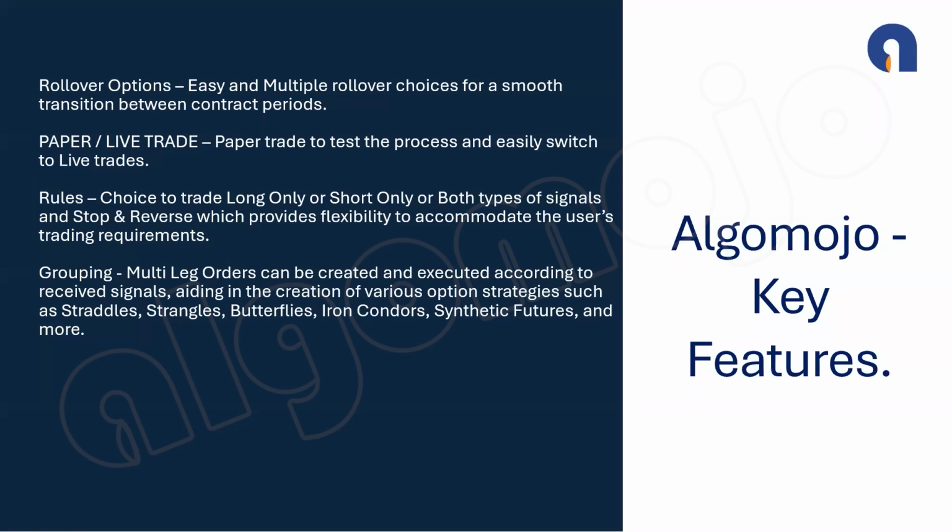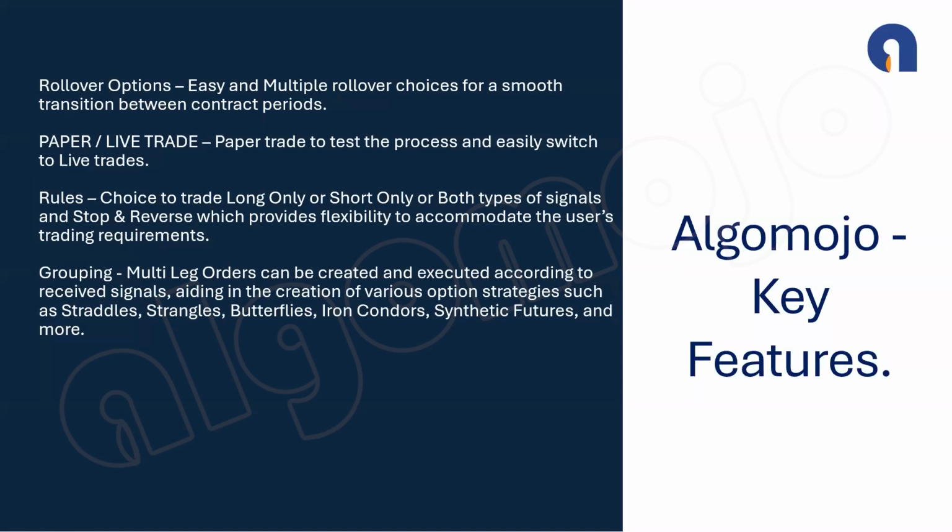It will also meet the kind of strategies which most of you would be using in any of these charting tools. For option traders who would like to trade various option strategies like iron condors, butterflies, strangles and straddles, you have the flexibility to create each and every leg separately, group them together, and place an order based on a single signal.